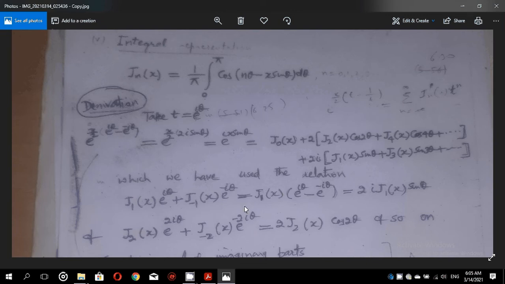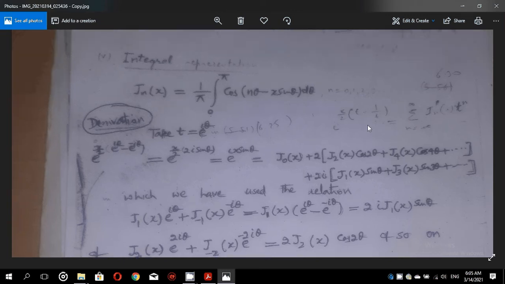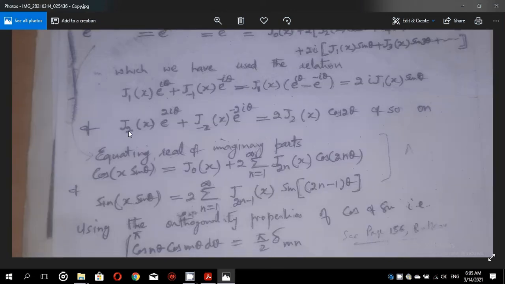So we have grouped these two terms, J_1 and J_minus1, to get 2i J_1(x) sine theta. Similarly, if we group the even indexed positive terms with the even indexed negative terms, for example J_2(x) e to the power 2i theta plus J_minus2(x) e to the power minus 2i theta, we get 2 J_2(x) cos 2 theta, because J_minus2(x) is equal to J_2(x), again the parity property.